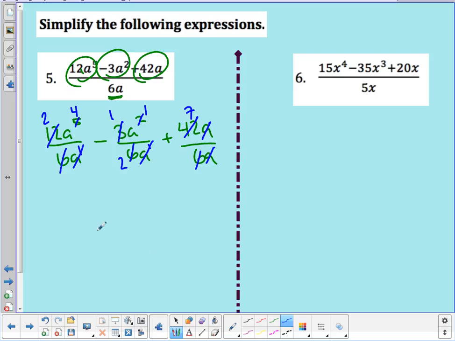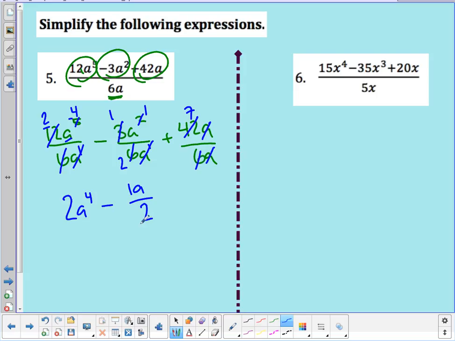So let's put together what we have left. In the first term, I have 2a to the 4th. In the second term, I have an a on the top, and I also have a 2 on the bottom. So my 1/2, you could write this as 1a over 2 if you wanted to, but you don't need that one. But my 1/2 is a fraction.